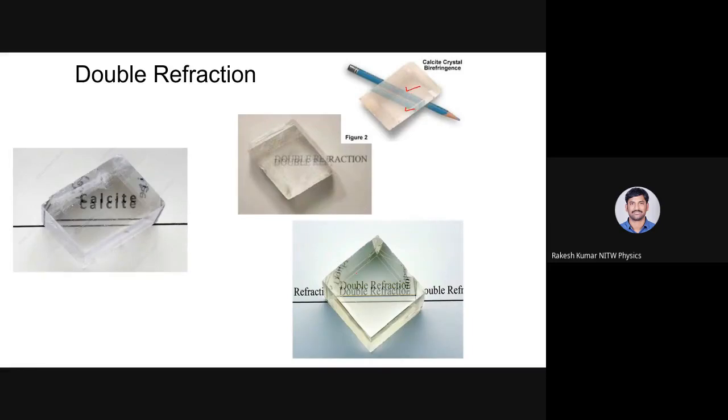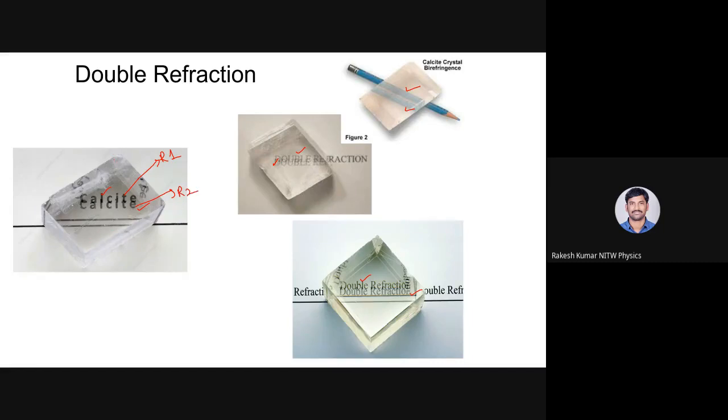Yes, sir. Same thing, you see two texts here. So you are observing two refracted rays. Your light is coming as two refracted waves, one image with one wave and another with the other.